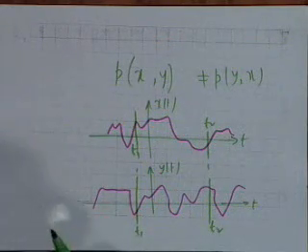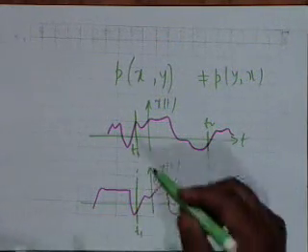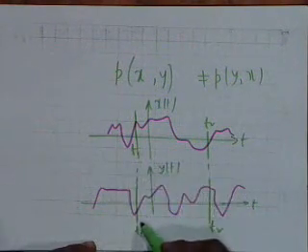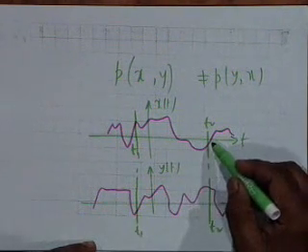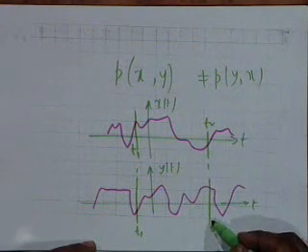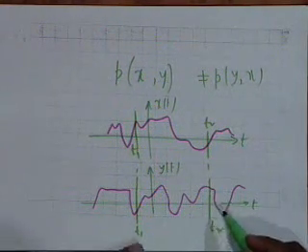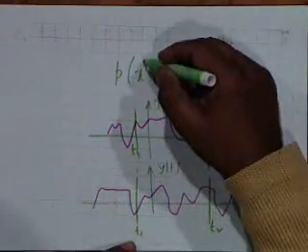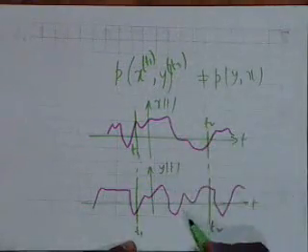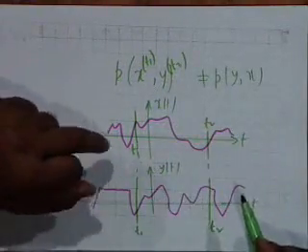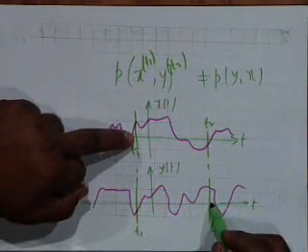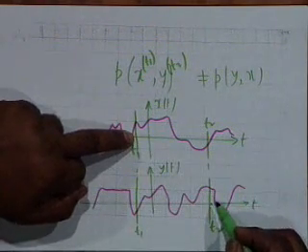When you say the joint probability density, if x1 is defined at t1, y1 is defined at t1, similarly x2, the other random variable, is defined at t2 and y2 is defined at t2, then if x is at t1 and y is at t2, the probability density is of this random variable with this random variable, x1 with y2.